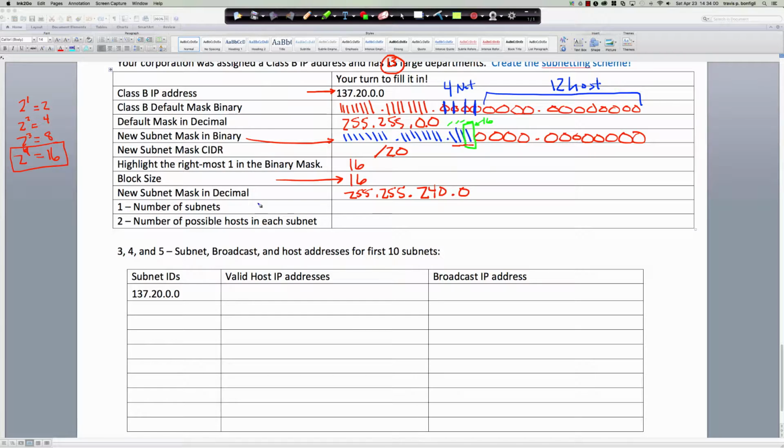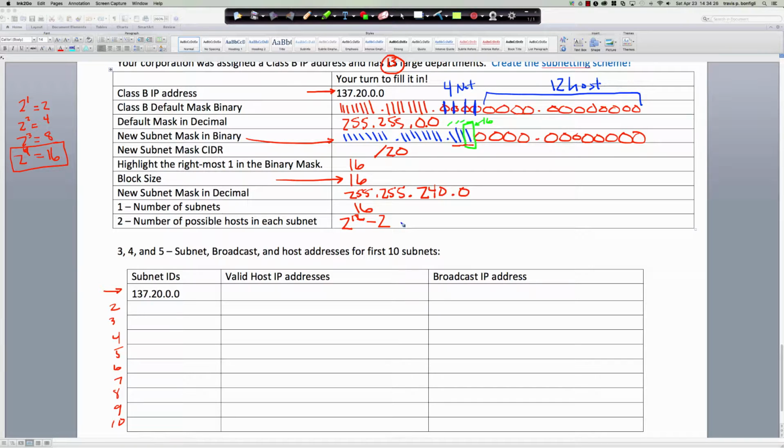So question 1, number of subnets we ended up with. We ended up with 16. You can see here they're only going to ask us to do 10 questions. And I believe the sheet may continue on a little bit below us there. So number of possible hosts in each subnet. Well, it's 2 to the 12 minus 2.